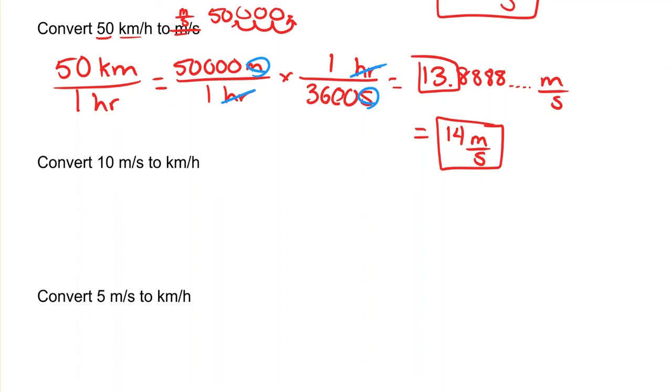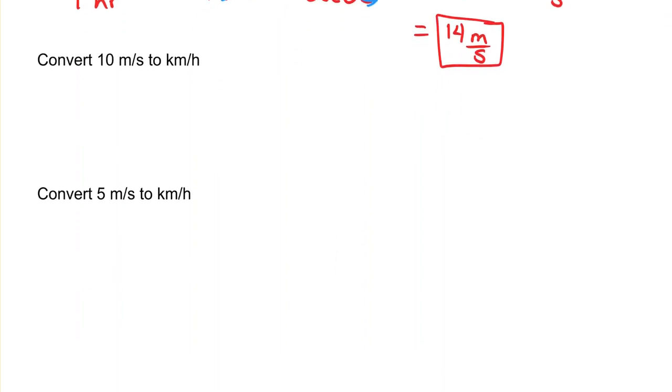Okay, moving on. I'm going to do a couple calculations where we go the opposite way. We're going to go from meters per second to kilometers an hour. I'll do this in blue this time. So start off with 10 meters in 1 second. And let's turn meters into kilometers, okay? So we're going from a small unit to a big unit.